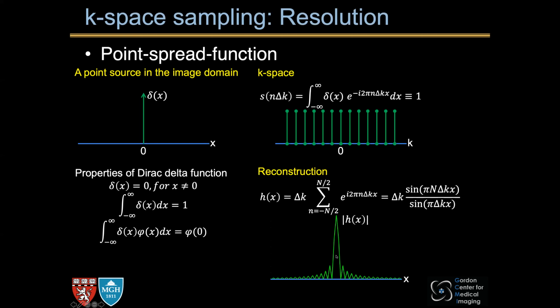Besides this main lobe with finite width, we also have side lobes, and the intensity of these side lobes decays gradually as they move further away from the location of the point source. It turns out the width of the main lobe explains the resolution of our reconstructed image. It is the side lobes that give us the ring artifacts.